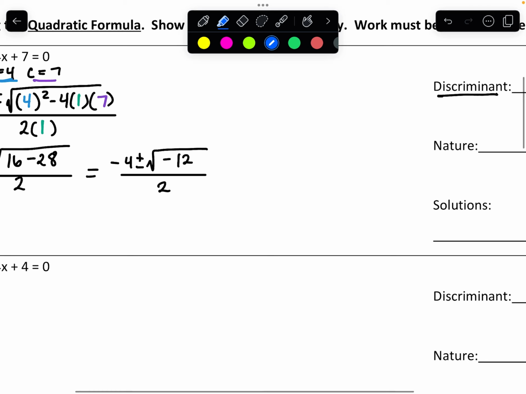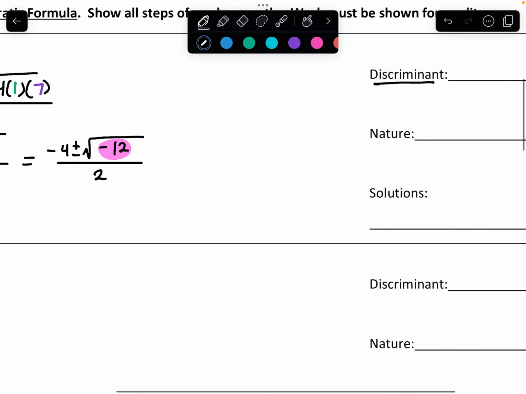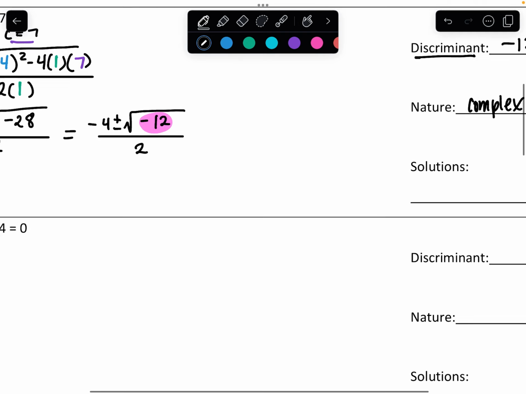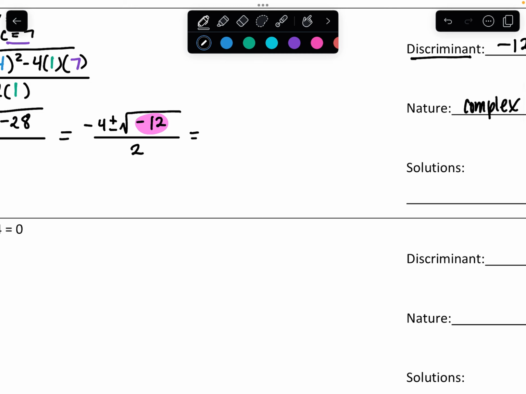And so the discriminant, the number under the radical, is -12. And so because it's negative, the nature of our roots are going to be complex. And so now we can simplify further by taking an i out.